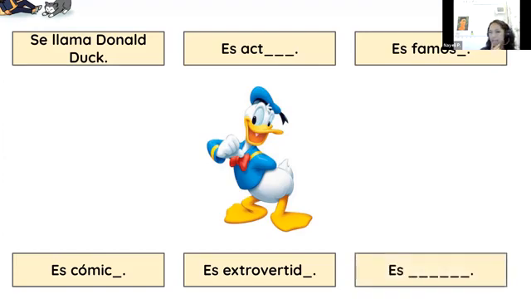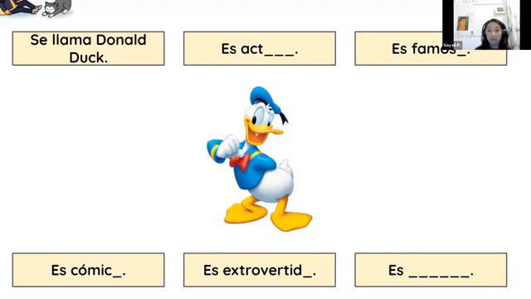Donald Duck es... piensa, piensa. ¿Es inteligente? Sí, es inteligente. Donald Duck es generoso. No, no es generoso. O no sé.